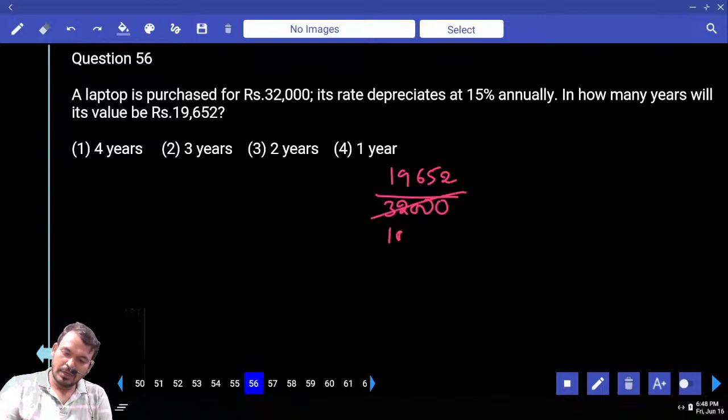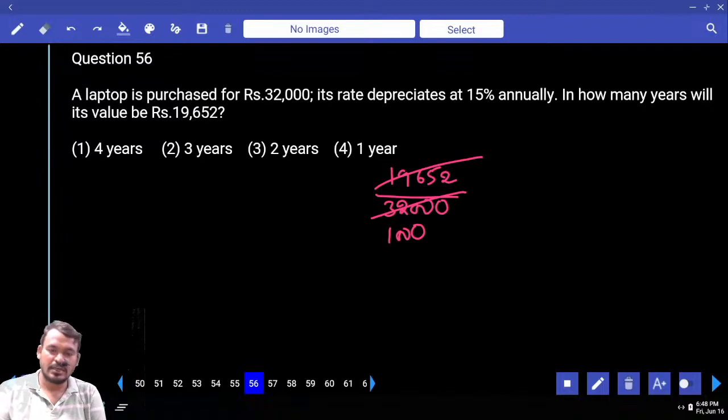Denominator 32, how many times? 1000 times. Isn't it? 32, how many times numerator? 6 times. 32 sixes are 192. What is the remaining? 45.